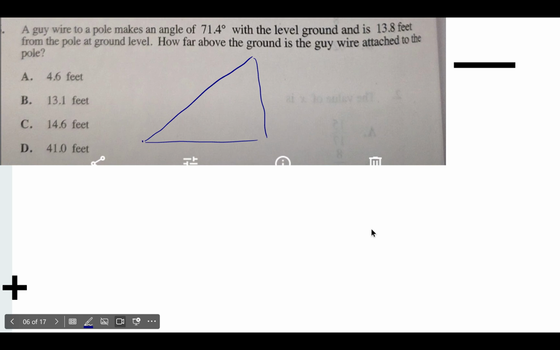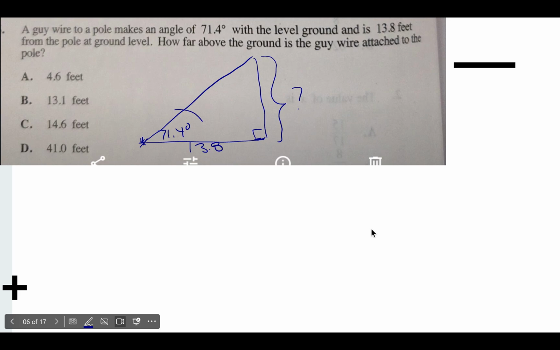So if this is where the wire is starting, and I know this isn't the most accurate drawing, this would be the 71.4 degrees, and the distance between the wire and where the pole is, 13.8 feet, and I set up making a right angle triangle. And then the question: how far above the ground is the guy wire attached to the pole? So we're looking for this distance here.